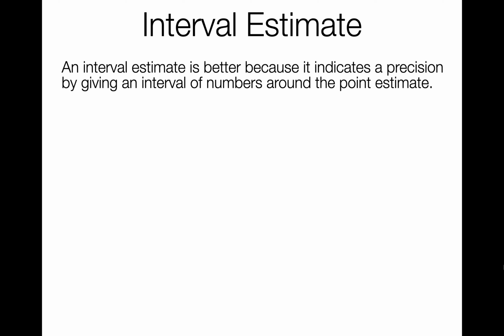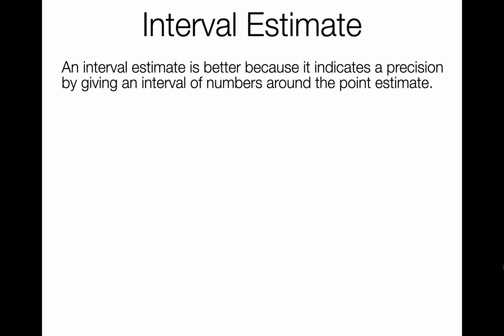But if you gave me an interval of possible numbers that hopefully contains it, an hour and 20 minutes to an hour and 40 minutes, it is less powerful than fully right or fully wrong, but it still gives you an idea of the truth more than you knew beforehand.